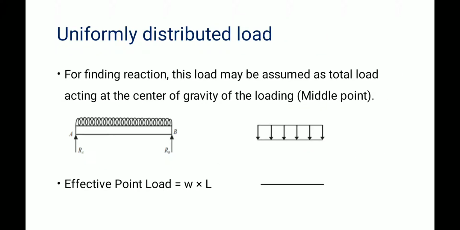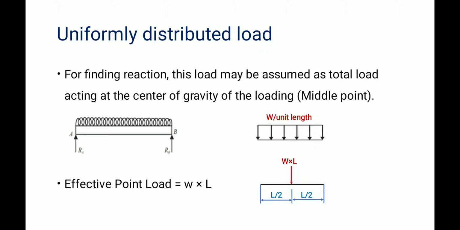Then uniformly distributed load. Uniformly distributed load means the load is uniformly distributed throughout the length, maybe throughout a certain length. It is not point load, it is not concentrated load. The load is acting uniformly over the length of the beam.